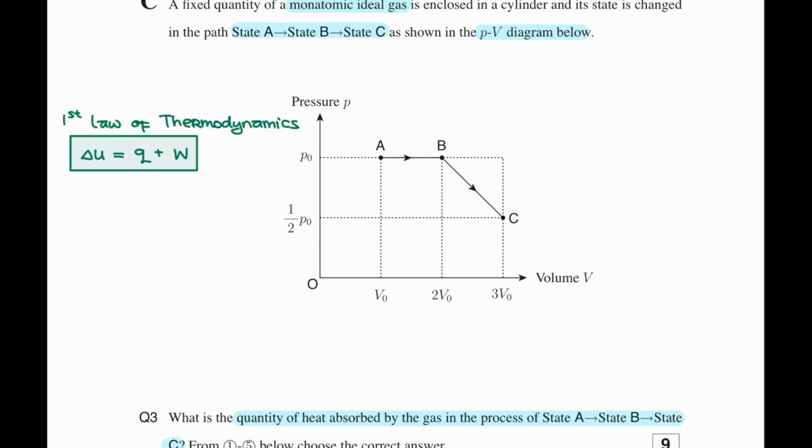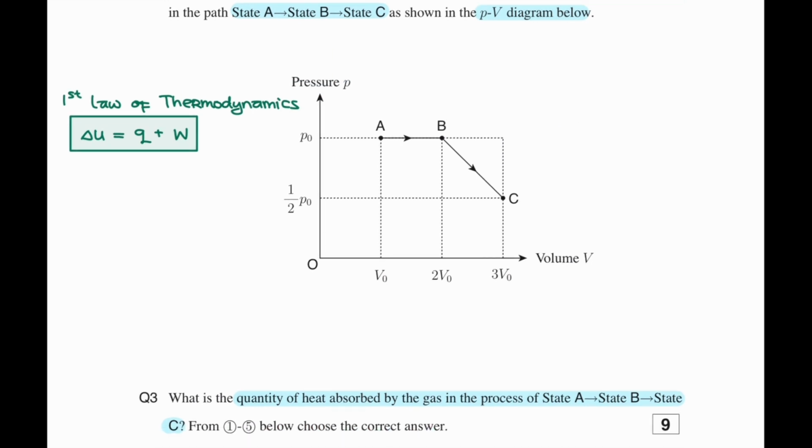I will repeat it once again. The first law of thermodynamics states that the change in internal energy of a system is equal to the sum of heat that is absorbed by the system and the work done on the system.